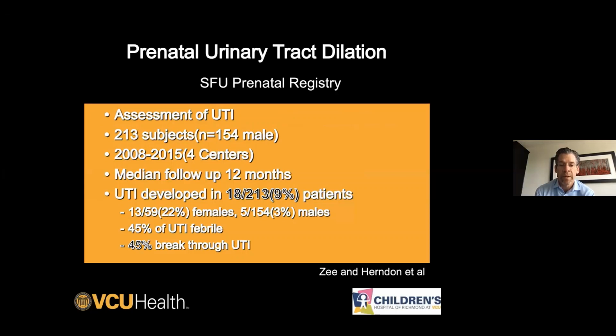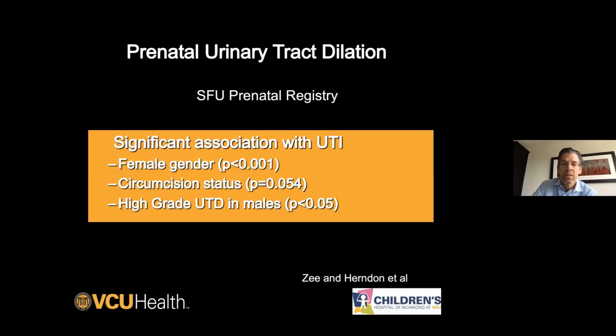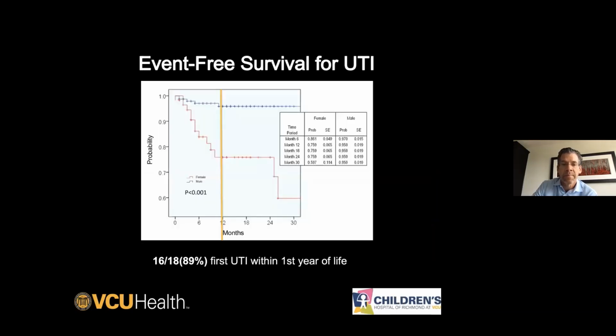Most of these were females. And interestingly, though, 45% had breakthrough UTI. So prophylaxis might not have helped them. Significant predictors of infection were female gender, the circumcision status of the patient, and high-grade kidney dilation.